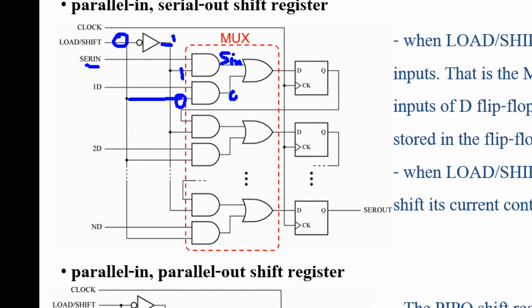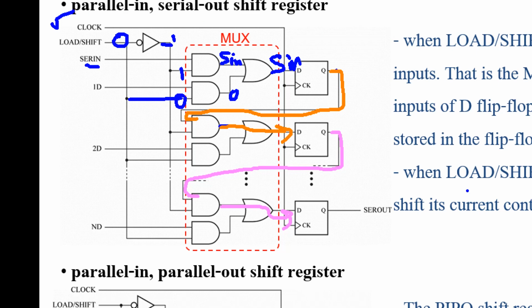Then the output is 0. 0 or 0 in is 0 in. And for the other one, this output is from this. That means output from the previous flip-flop goes here, and this one also. Then data from here goes here. That means when the clock ticks, you shift, right? Shift data from this flip-flop to this flip-flop, and 0 in updates this one. This is shift mode.